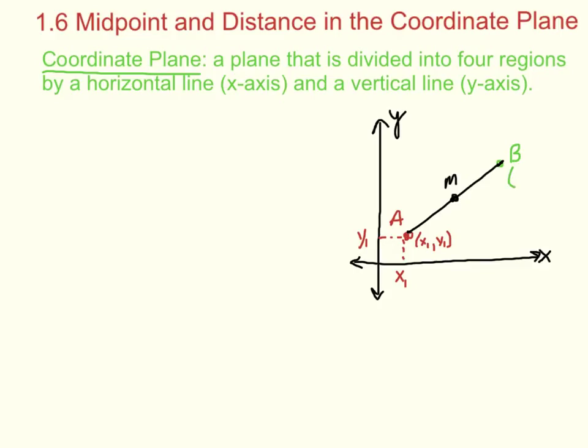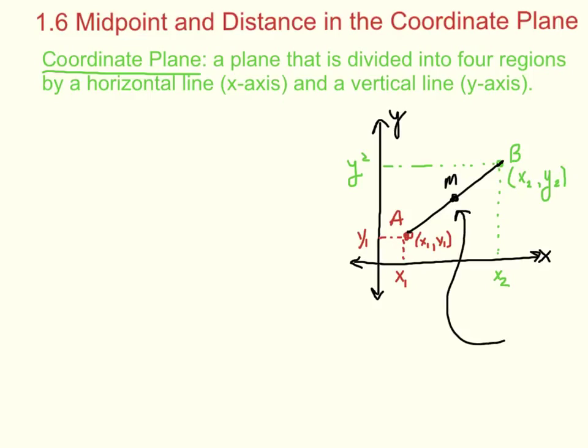B is going to be x sub 2 and y sub 2. That would be the second value of x and the second value of y. Now the midpoint is halfway between A and B.